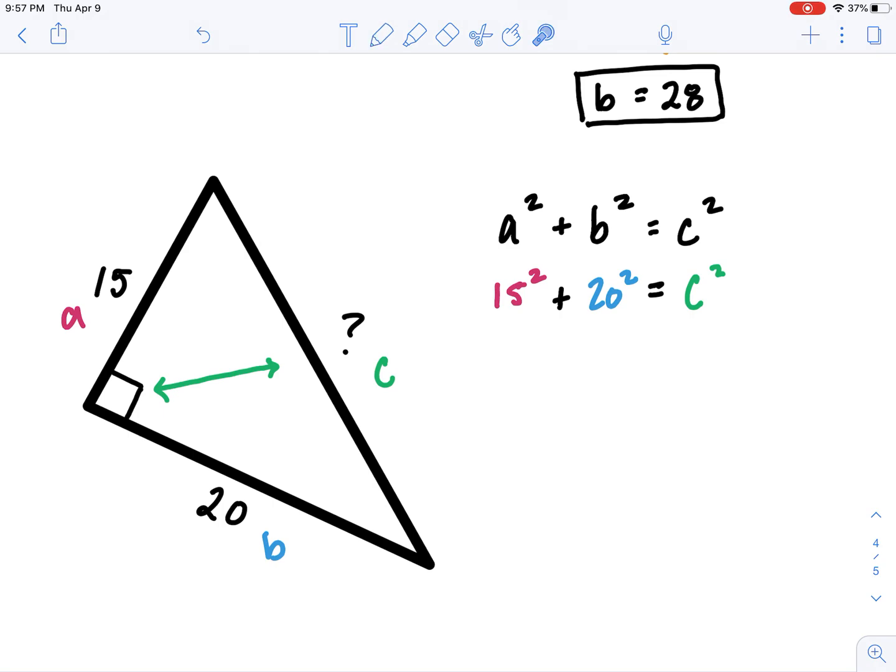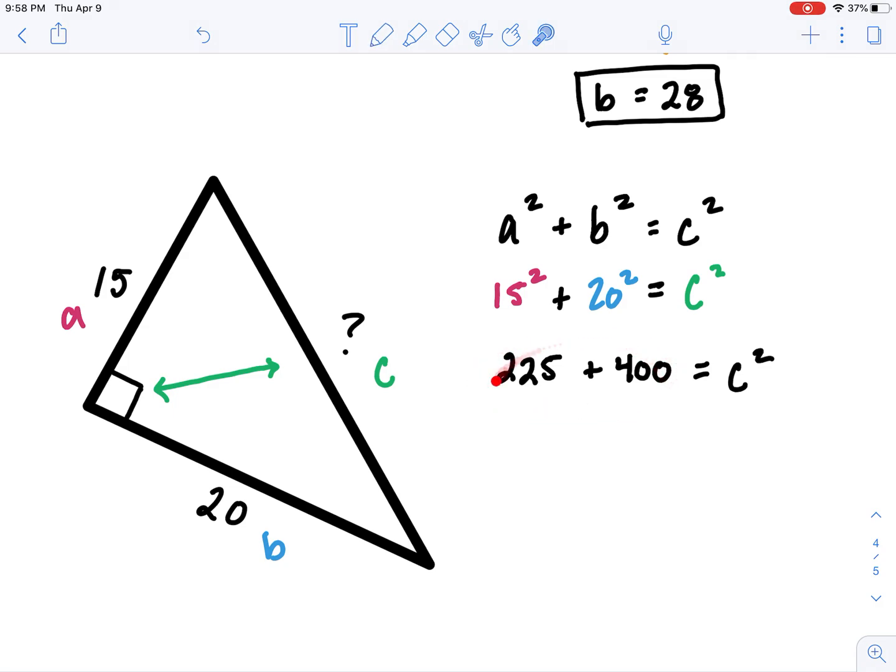All right. We identified A, B, and C. We plugged into our formula. Now we just want to solve this for C, so get C by itself. I'm going to start by simplifying. I'm going to do the squaring. So 15 squared, that's 15 times 15, is 225. 20 squared, that's 20 times 20, and that is 400. So we get 225 plus 400 equals C squared.